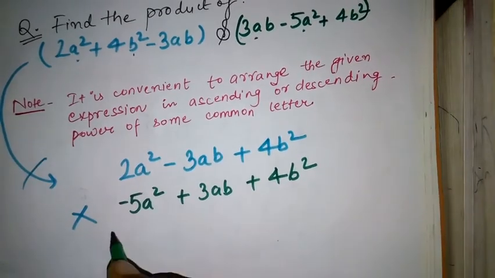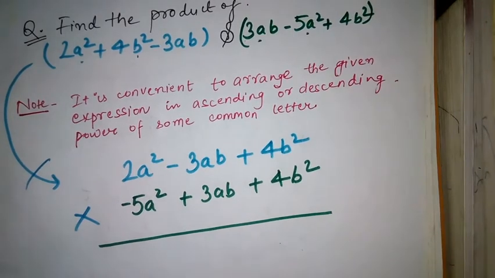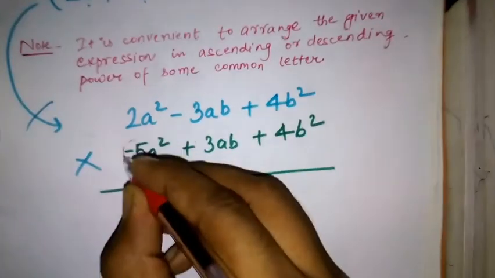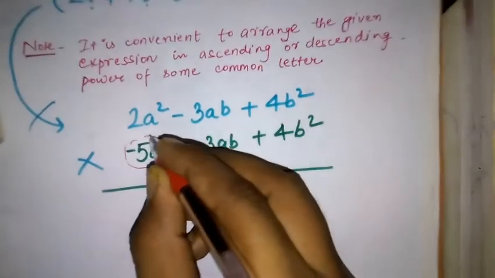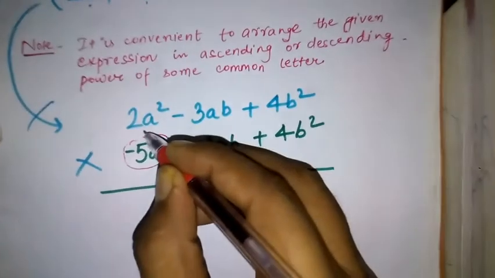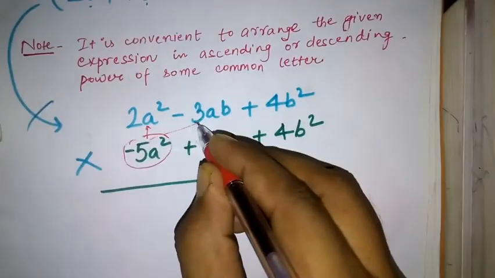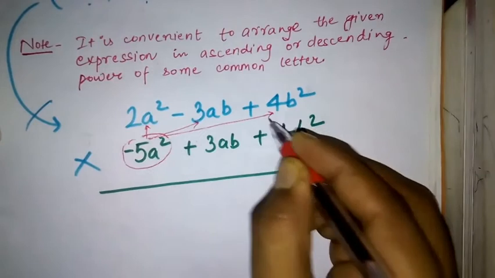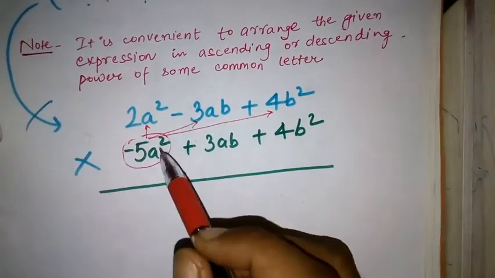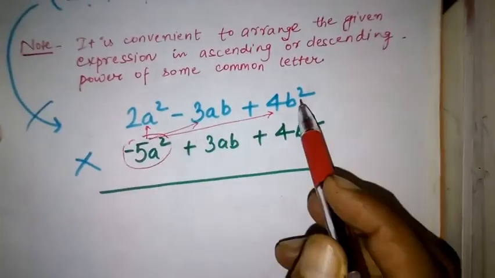Now we have to perform the multiplication between these two trinomial expressions. We will start our multiplication from the left bottom term. First we will multiply minus 5a square with each term of the first trinomial.